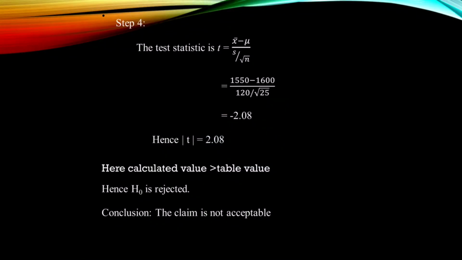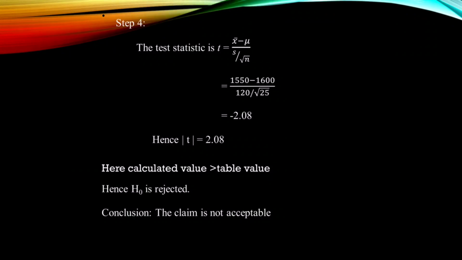Now the fourth step is to apply the test statistic t equal to x bar minus mu by s by root n. Here we know the x bar value was 1550, mu value was 1600, standard deviation value was 120 and the sample size was 25. So we have the calculated value as minus 2.08. So the mod value of t is 2.08.